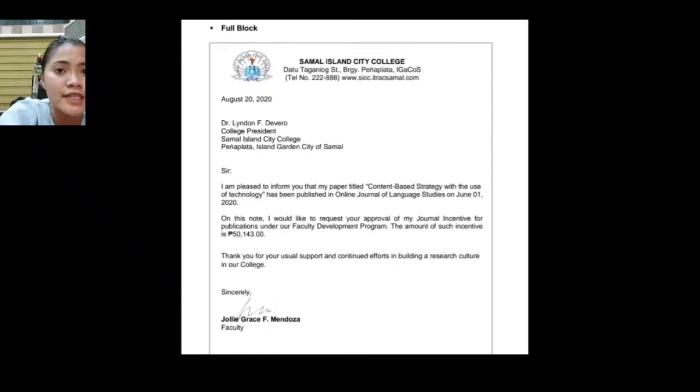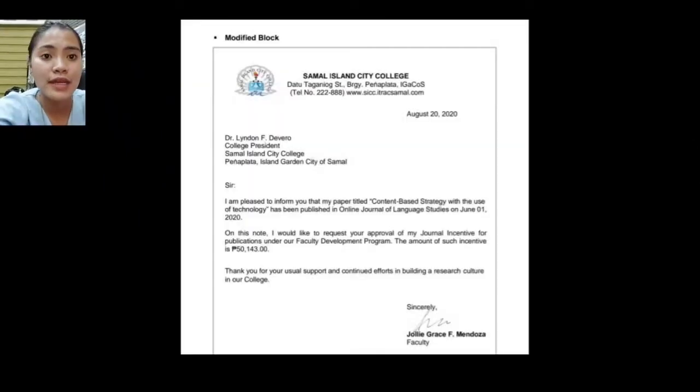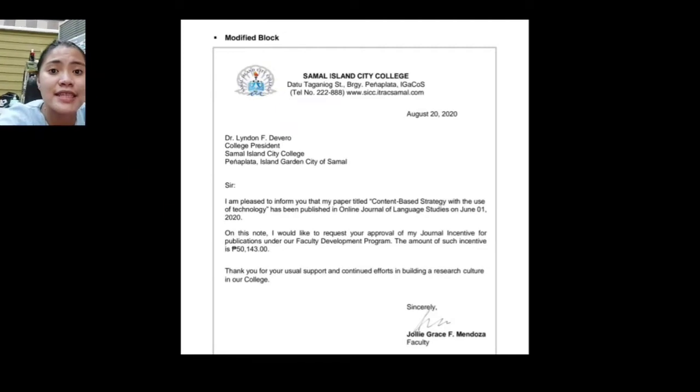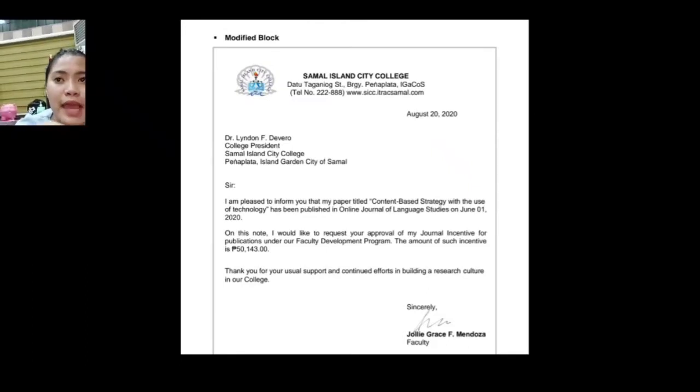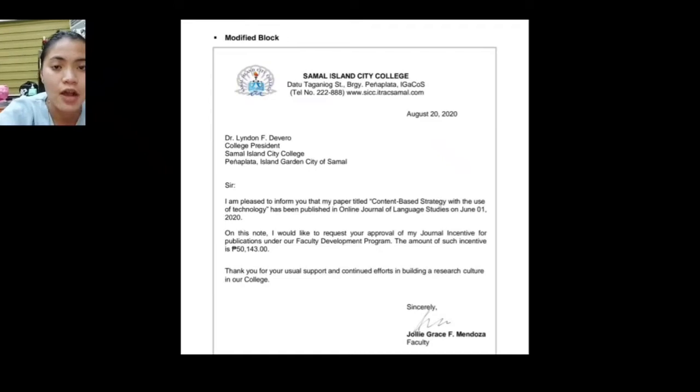And also, first sentences of paragraphs are not indented. So that is the example of the full block. So the next one is the modified block. In this type, the body of the letter and the sender's and recipient's address are left justified and single spaced.